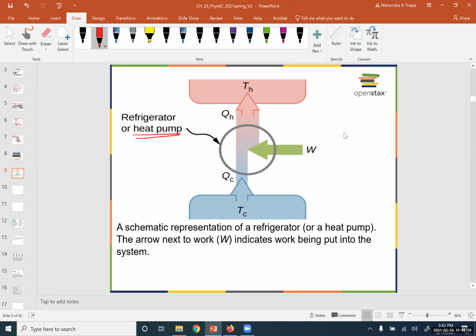If you see here, heat flows from sink to source, be careful here, meaning from lower temperature to higher temperature, with the help of external work.